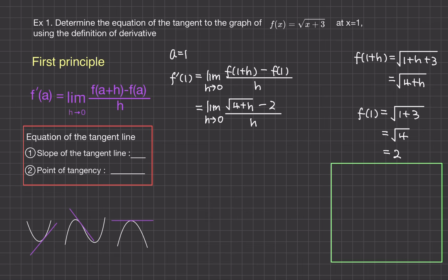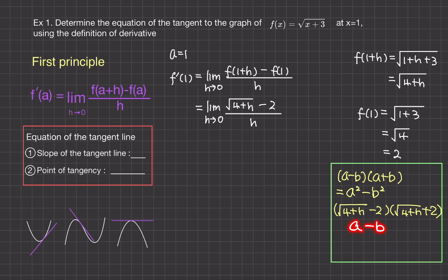Let's think about this. When you multiply a minus b and a plus b, we get a squared minus b squared. This is the same pattern. Square root 4 plus h minus 2 times square root 4 plus h plus 2. This is a minus b times a plus b.